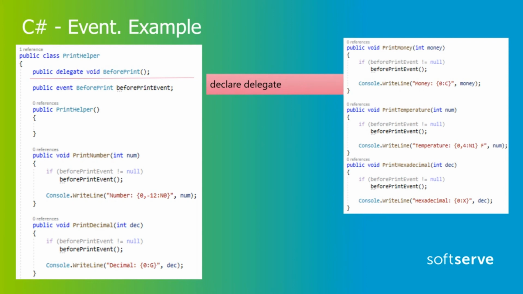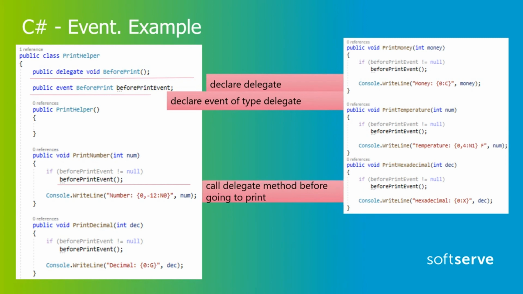The PrintHelper class is the publisher that publishes the BeforePrint event. Note that in each printing method we first check that the BeforePrint event is not null and then call the BeforePrint event. If no class has subscribed to the event, it's necessary to check for null before calling the delegate.